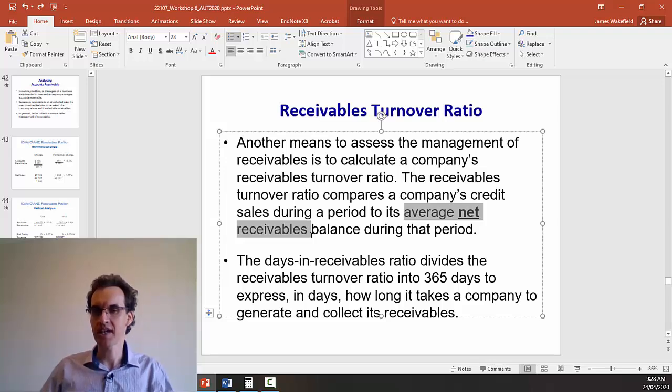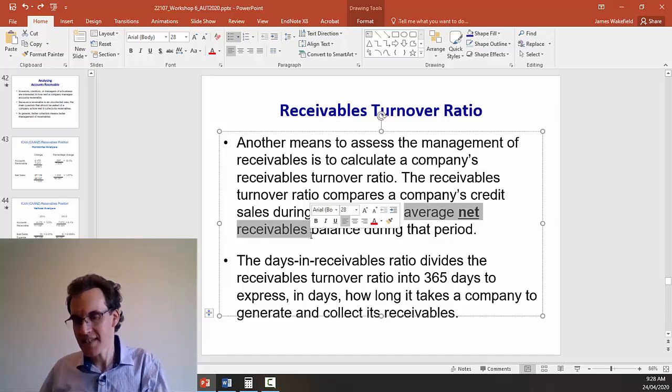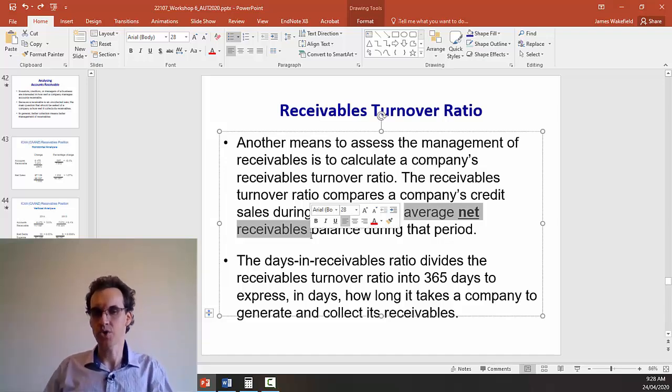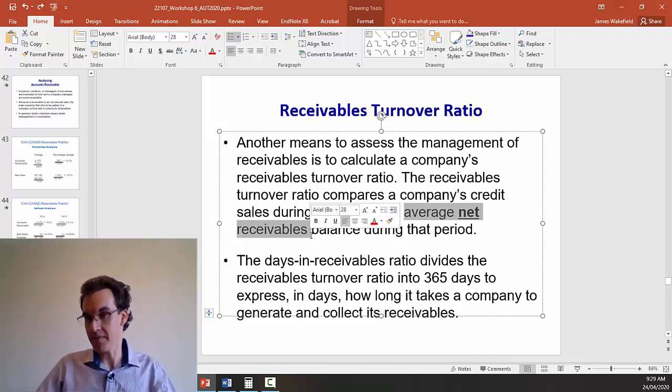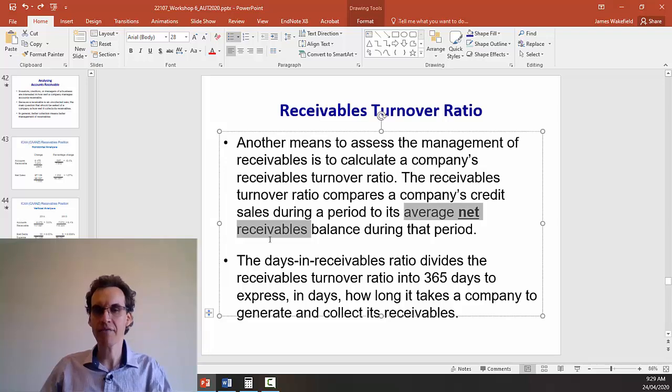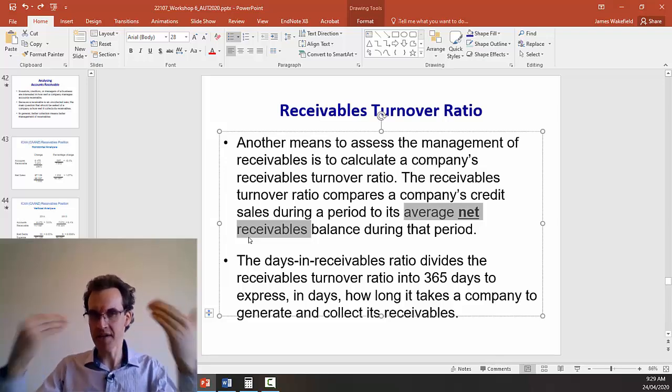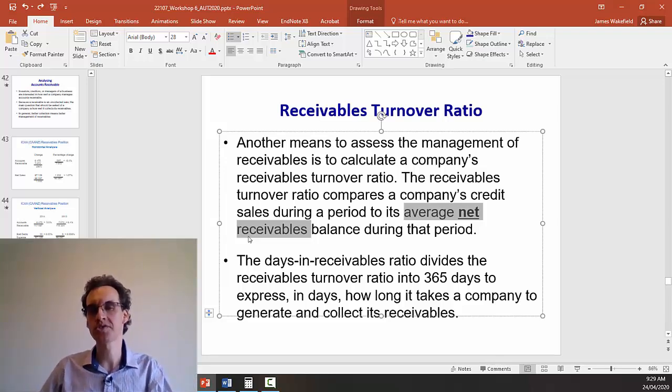Average net receivables is calculated by the beginning receivables plus the ending receivables divided by 2. Or the ending receivables for the prior period, which are the beginning for the current period, plus the ending receivables for the period we're looking at, divided by 2 to get the average. So you get the average net receivables, you divide that into the credit sales for the period. That gives you the number of times the business turns over its receivables for the period.